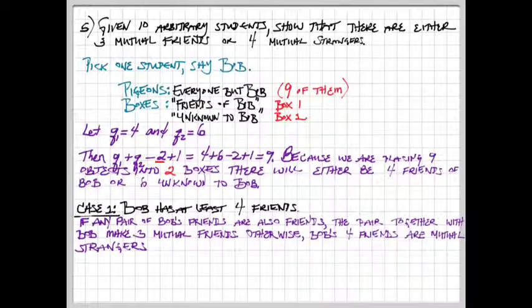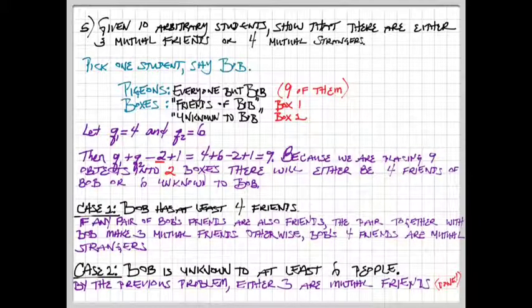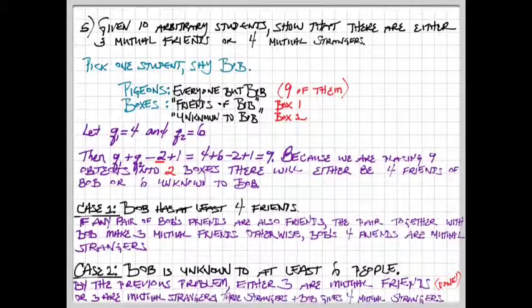But what if Bob doesn't have 4 friends in the room? That means there have to be at least 6 strangers to Bob, 6 unknown people to Bob. But if that happens when we have 6 people in the room, by the problem we just finished, that means there will either be 3 mutual friends, in which case we're already done, or there will be 3 mutual strangers.